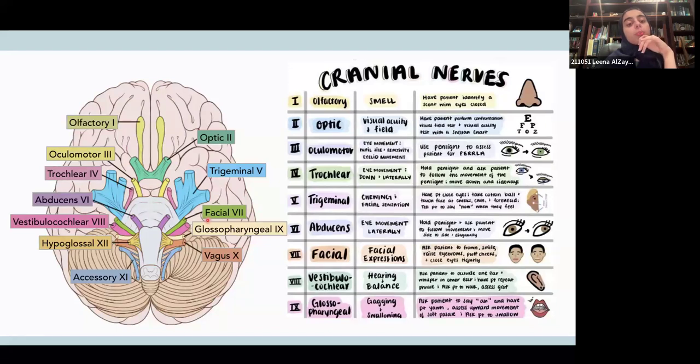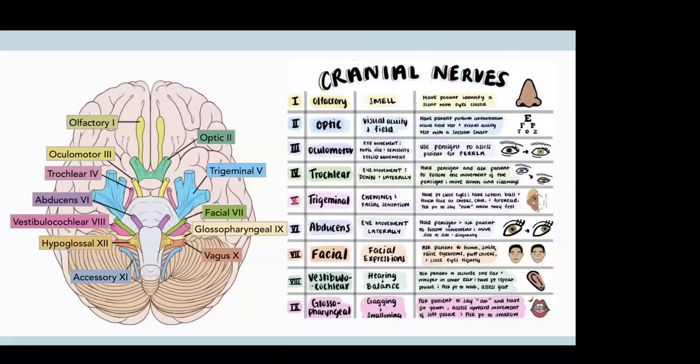But does anyone want to help me test ourselves from each foramen? Which nerve comes out? Optic nerve, second cranial nerve comes out which foramen? Was it the optic canal? Yes.